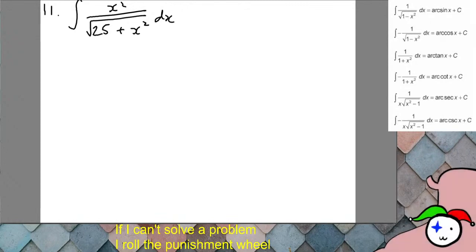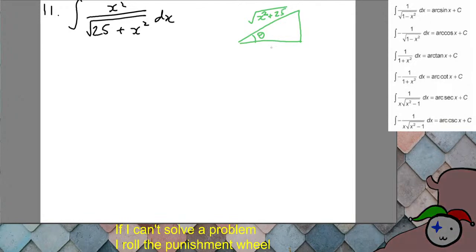What you can do is you can draw a triangle, which I remember doing, but I don't remember exactly the reason why. But I think what seems to be useful is if you draw a triangle and say that's theta. You have on this side the square root of x squared plus 25.